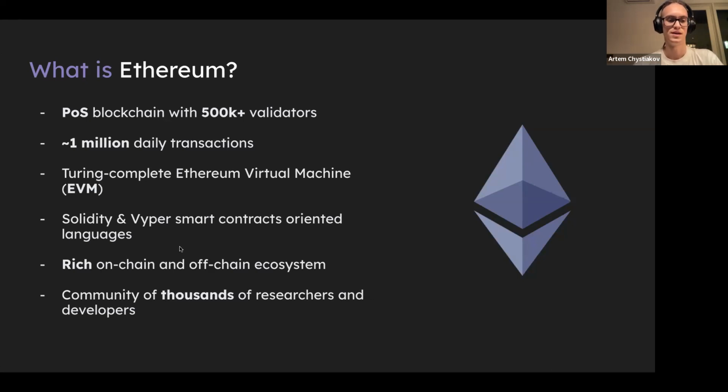Ethereum also is about Solidity and Viper, smart contract oriented languages, because you can just use the virtual machine on its own. It is really hard because the virtual machine runs on low-level opcodes and has its own structure to the code. It is basically like writing Java programs in raw bytecode, which is really cumbersome.